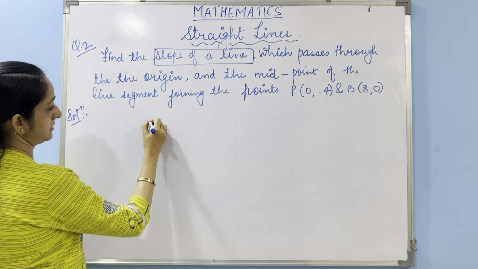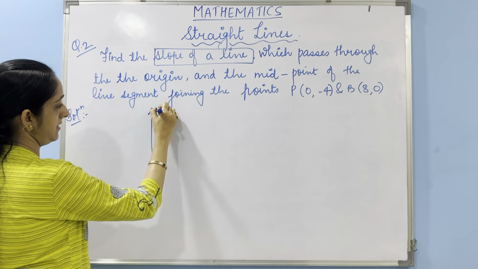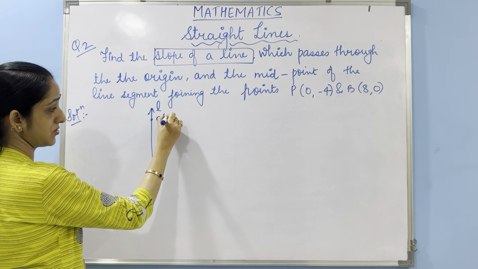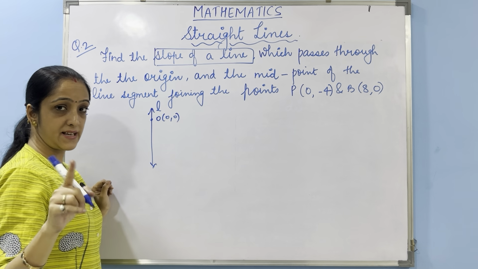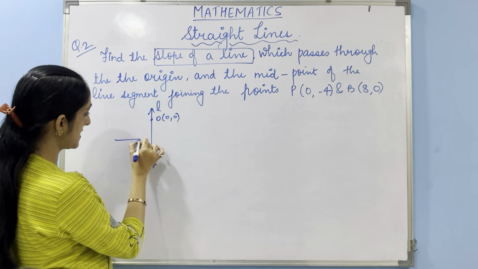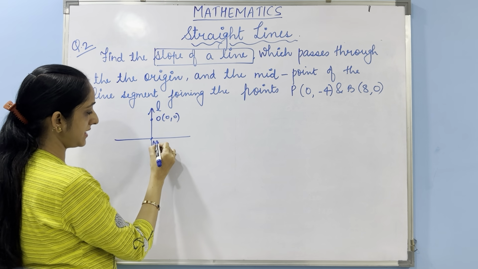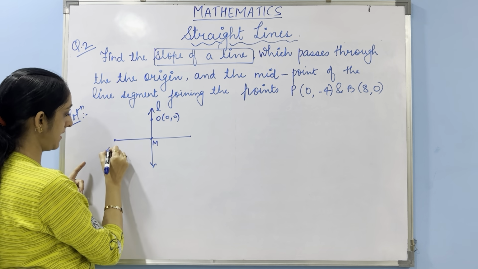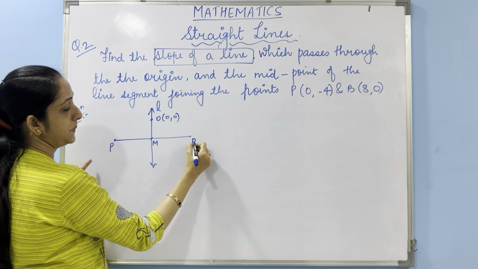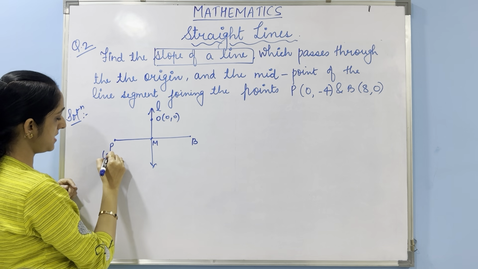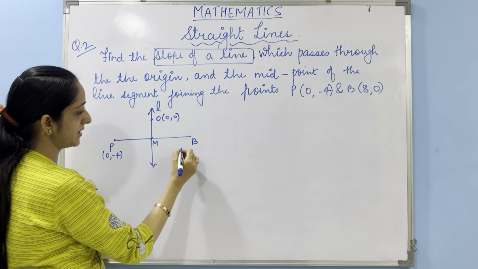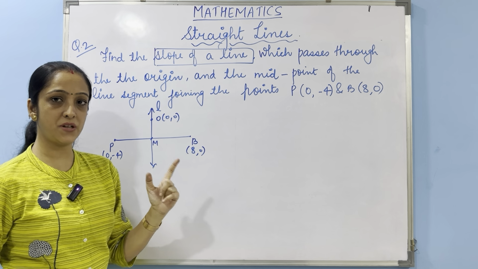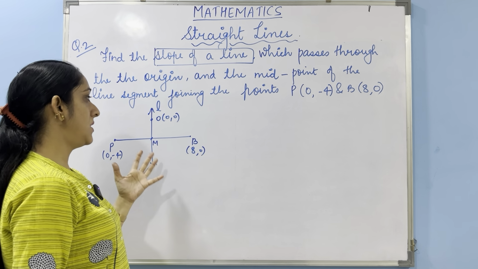Suppose this is our line L. It is passing through the origin, and the second point through which this line is passing is the midpoint of the line segment PB, where the coordinates of P are (0, -4) and B is (8, 0). So this is the information which is provided about the line.